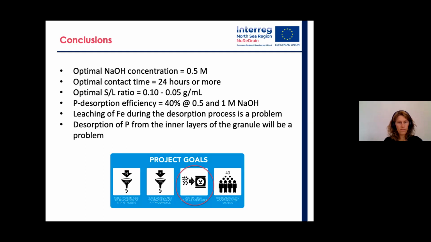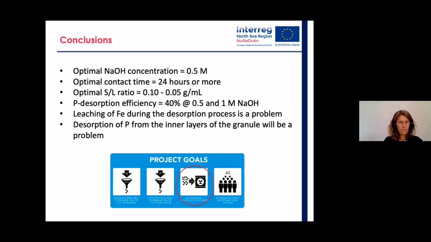We will need a contact time for desorption of about 24 hours or more. We managed to find the optimal solid-liquid ratio during the desorption, and it's somewhere between 0.05 and 0.1 grams of granule per milliliter of sodium hydroxide.